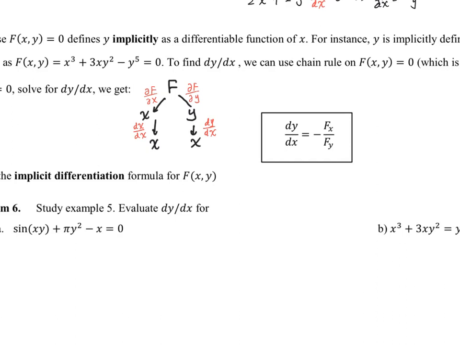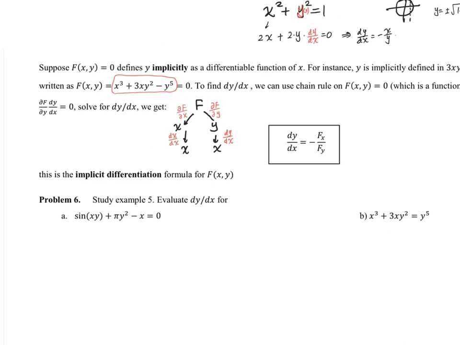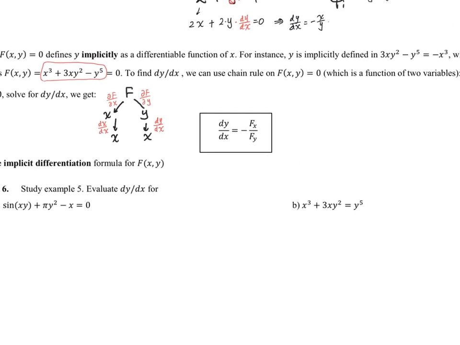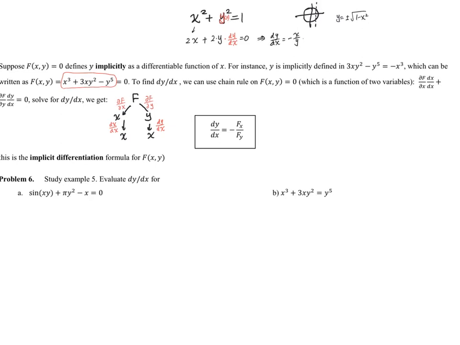So when I find the derivative of this function with respect to x, you see I have 2 branches. According to the chain rule that we described, when we find the derivative with respect to x, it should be del f/del x times dx/dx, that's the first branch, plus del f/del y times dy/dx.